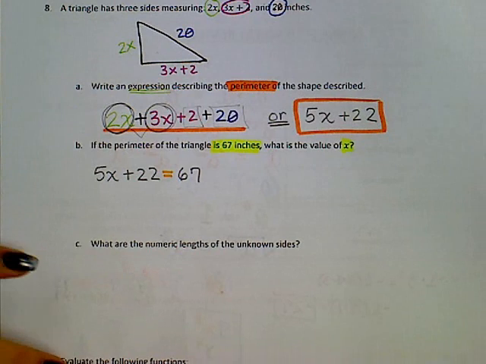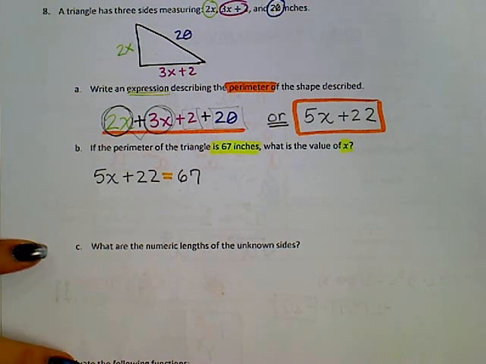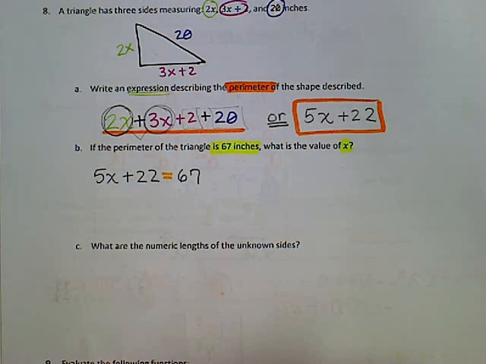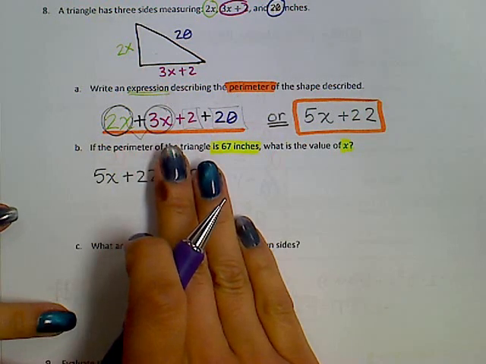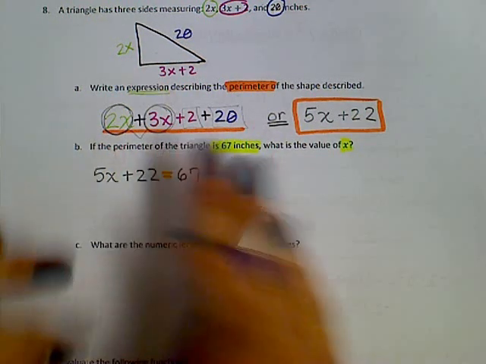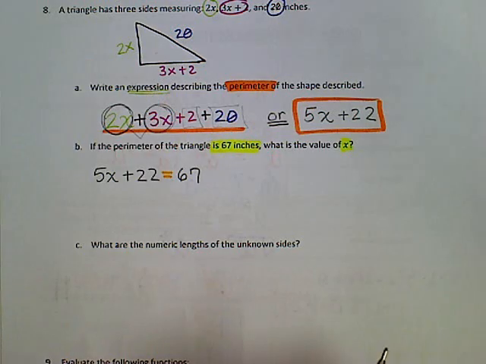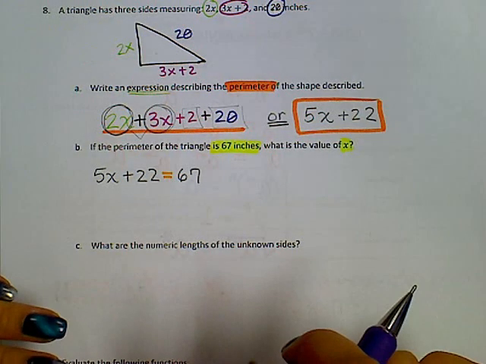So I would probably use page 11. I would check to see, do I need to, part 1, distribute? Nope. No distribution, no parentheses. Part 2, do I have any like terms on this side? Nope. Okay. So in that case, do I have variables on both sides?